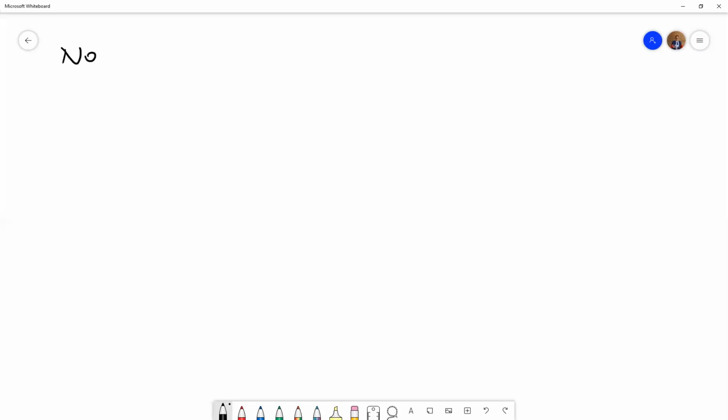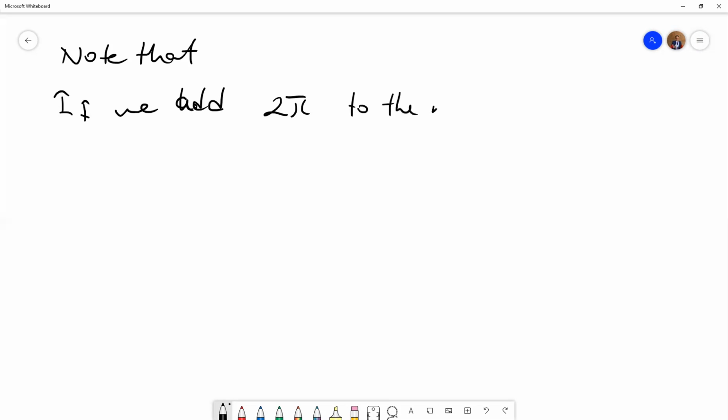And here, note that if we add 2pi to the alpha measure, nothing will change.